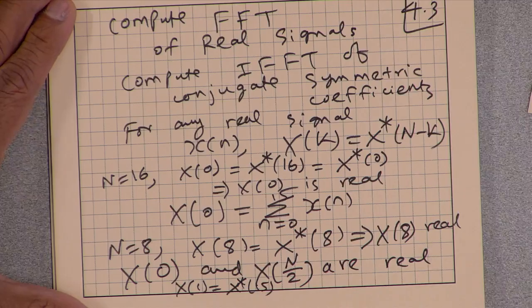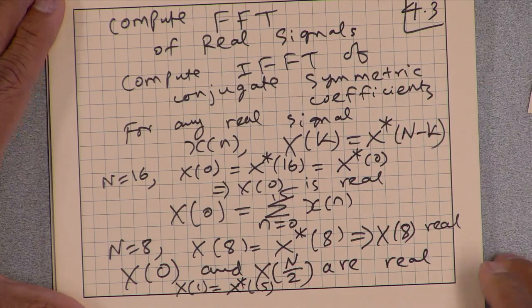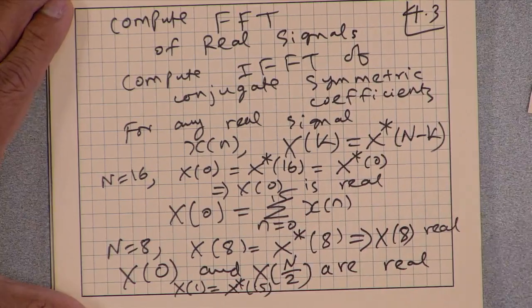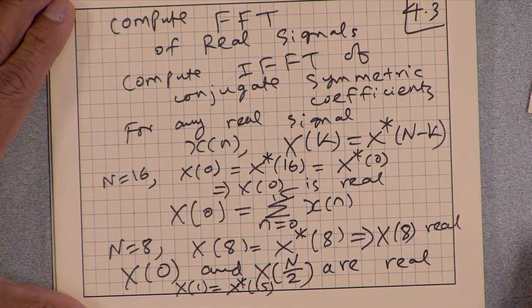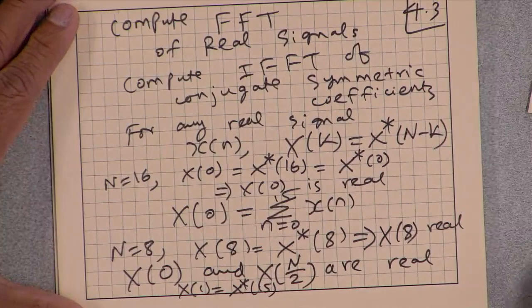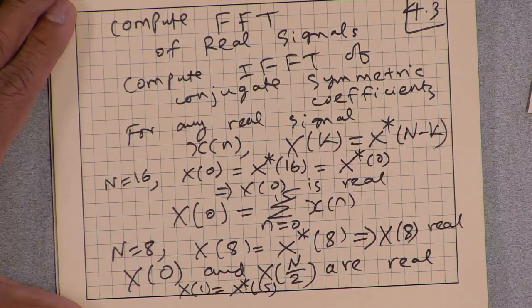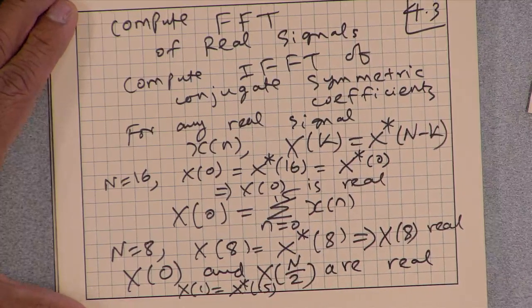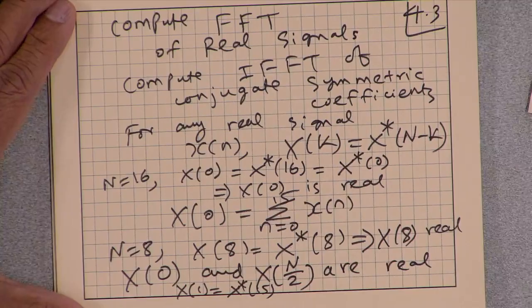So the question is, how do we take advantage of this conjugate property so that we really don't compute the redundant ones? The structures we have been studying until now are designed for complex signals. They are not optimized for the case when the signal is real.